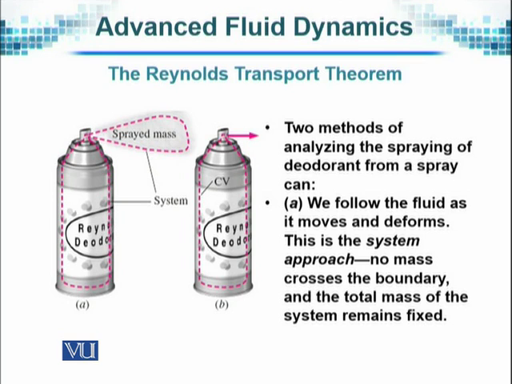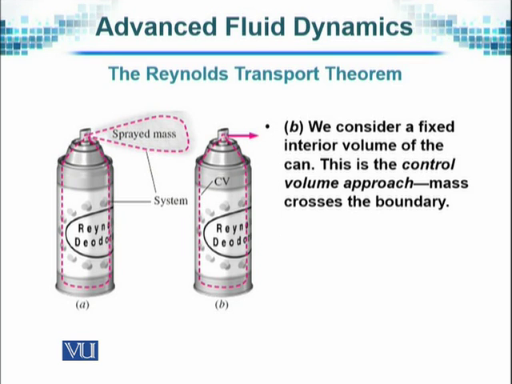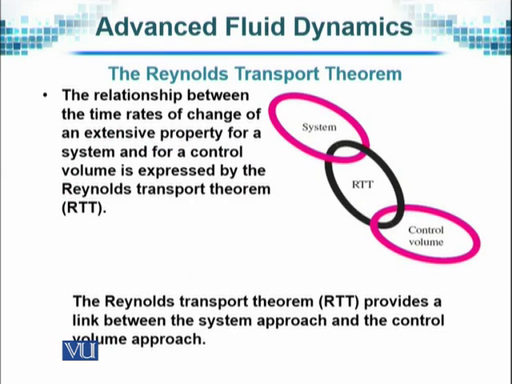If we try to follow each of its particles, it's not going to be an easy way. But if we consider a fixed interior volume and just see how that moves, it becomes much easier to compute and calculate its motion.